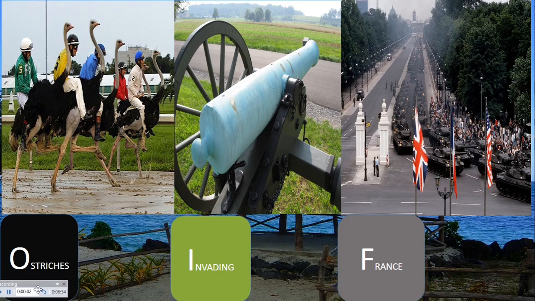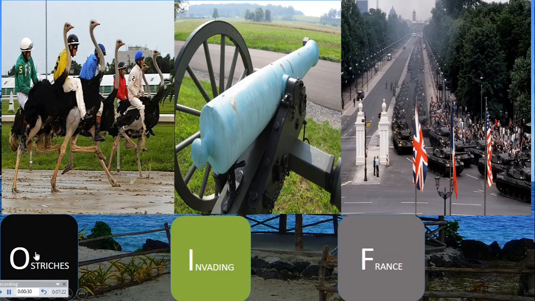Now if you look at this picture, it will help you remember the 3 divisions or the 3 headings that students are required to remember in your cash flow statement. Here you can see the picture is ostriches are invading France.